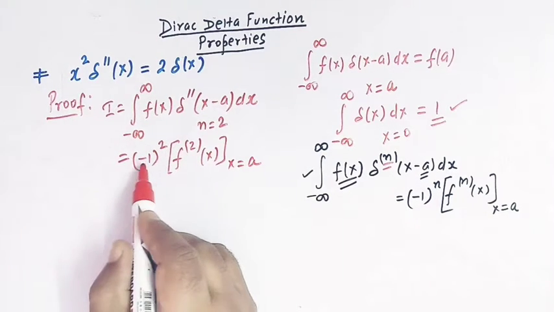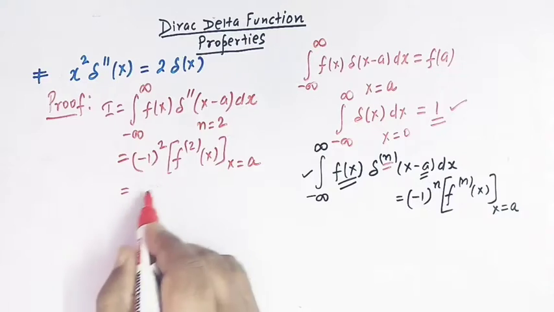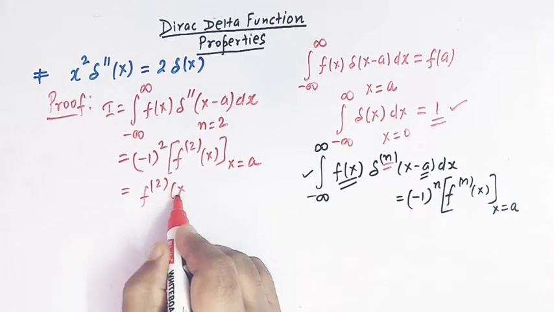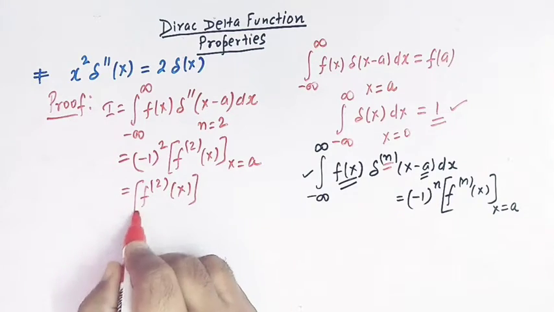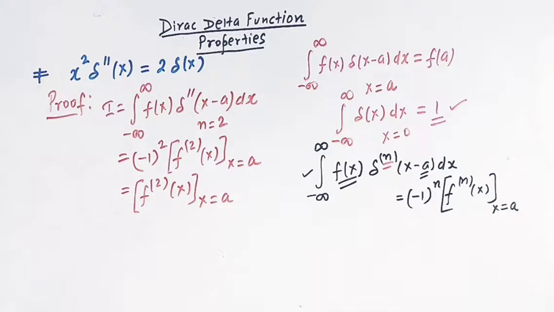Now we can see that minus 1 squared is positive, so we are left with the second derivative of f at x is equal to a.